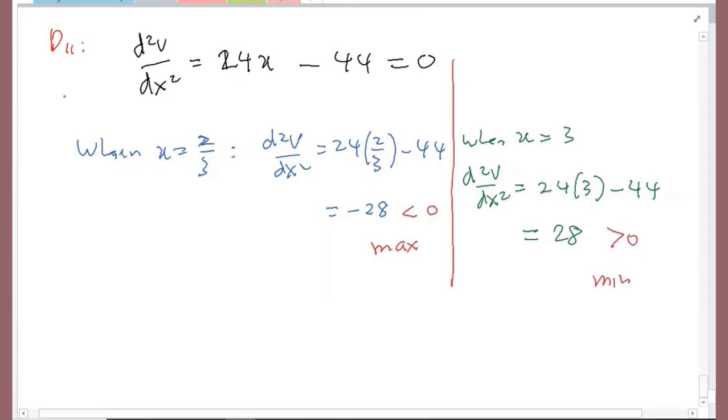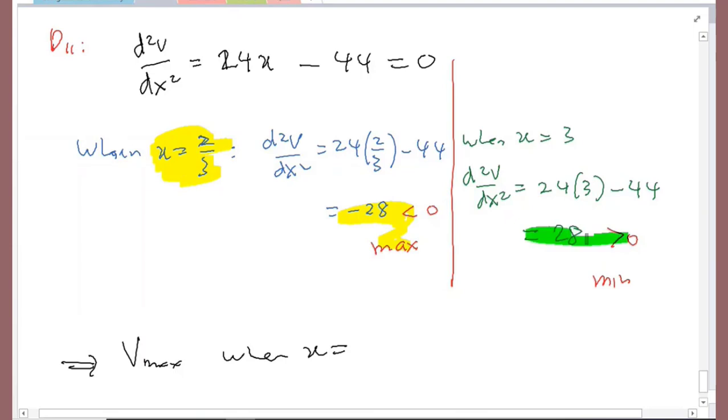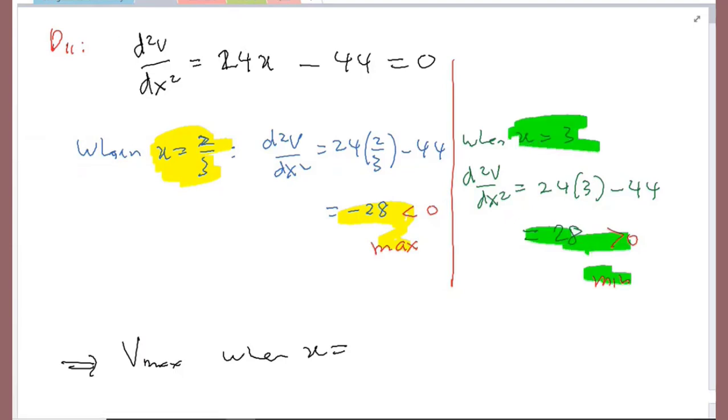So therefore, implies that V is maximum when x is equal to 2 over 3. This one is minimum. So we just take the maximum, when x is equal to 2 over 3.